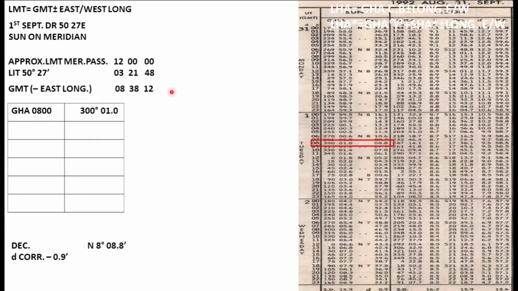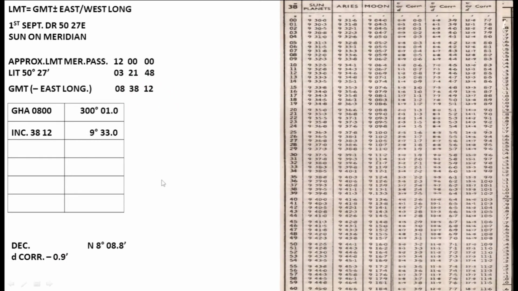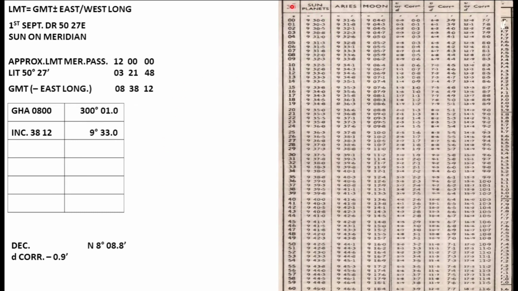Now I still have this fraction of an hour here. So I go to my increment tables for 38 minutes 12 seconds, and I get my increment from here, 9 degrees 33 minutes. In the same table we have V and D corrections. The D correction was 0.9. I look for 0.9 here, and the correction is 0.6. I apply 0.6 here, minus, and this is my declination.